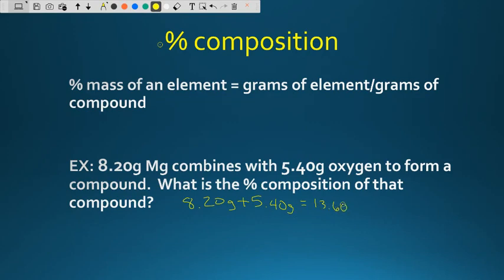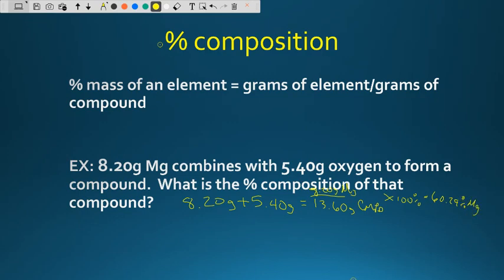I have 13.6 grams of the compound, and 8.20 grams of that is considered to be magnesium. And so I would simply take that and, because it's a percent, multiply by 100%, and I get 60.29% magnesium.